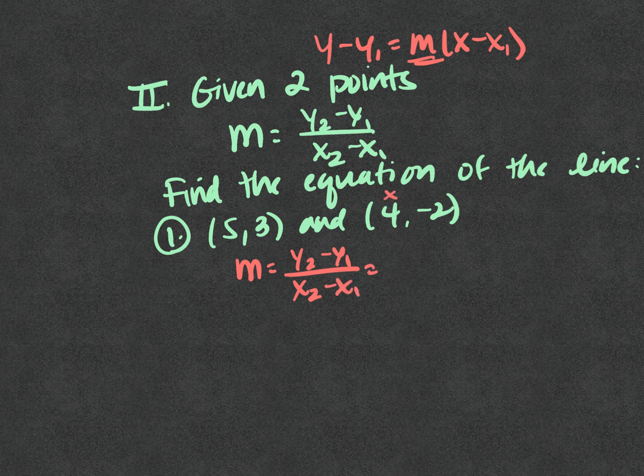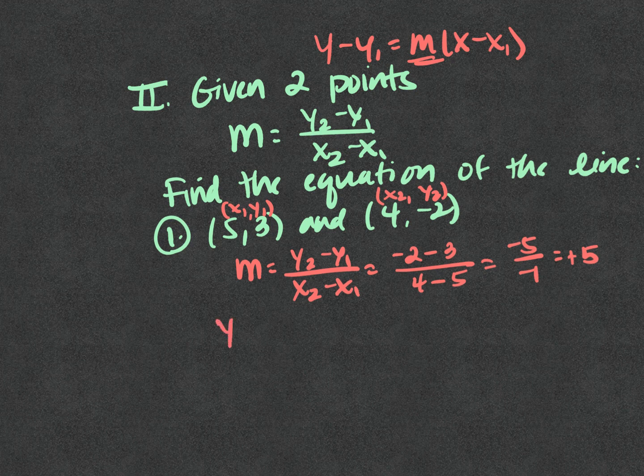Now let's label these, x2, y2, x1, y1. So then we're going to say y2, which is negative 2, minus y1, which is 3, over x2, which is 4, minus x1, which is 5. Negative 2 minus 3 is negative 5, and 4 minus 5 is negative 1, so this gives us a positive 5.